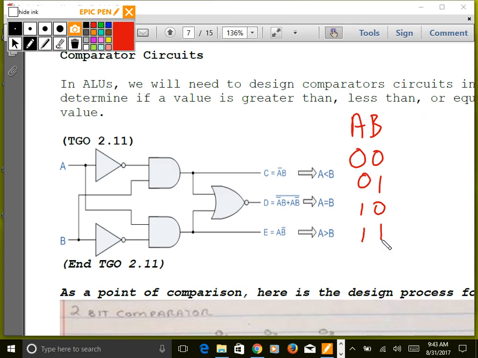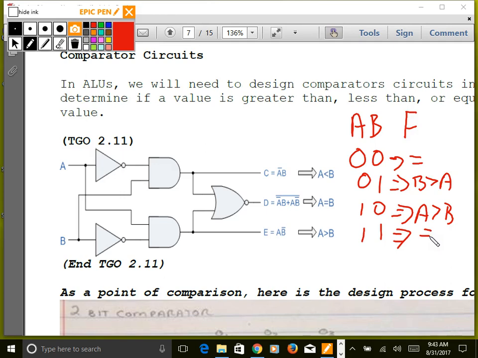So the output F, what's going on here? If it's 0, 0, they're the same, so we want an equal sign. If it's 0, 1, this means B is greater than A. If it's 1, 0, this means A is greater than B. And 1, 1 means that we're equal again.